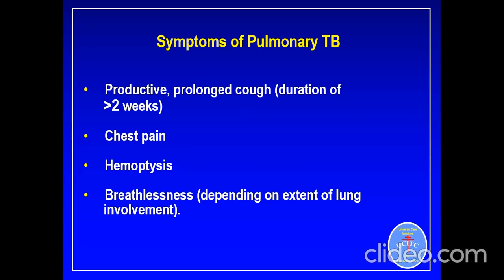There can be chest pain depending on the site of disease. There can be hemoptysis. Hemoptysis is presence of blood in the sputum. It can be just a few drops, or it can be a massive hemoptysis, which can lead to drowning suddenly. And depending on the extent of the lung which is involved, there can be breathlessness.